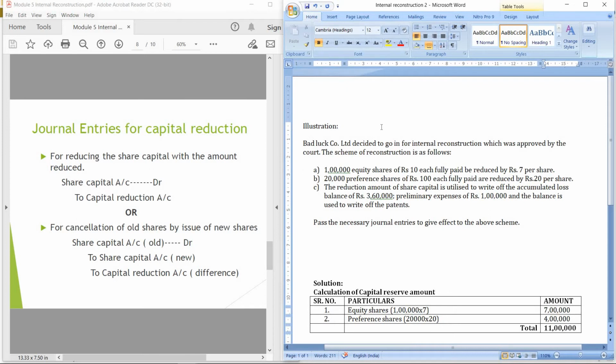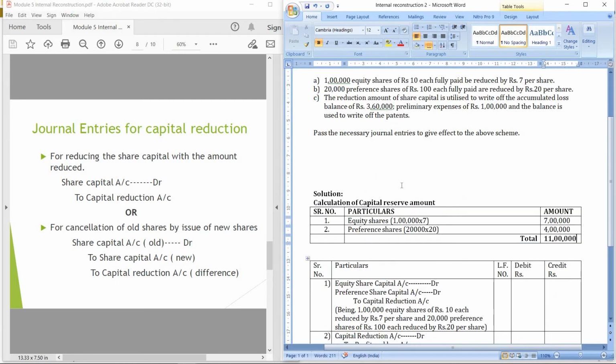Let me explain how to pass this journal entry. This is the format of the journal we have ready. The entry will be like this: equity share capital account debit. The amount of equity share capital which is reduced is 1 lakh shares into rupees 7 per share, so the amount is 7 lakhs.